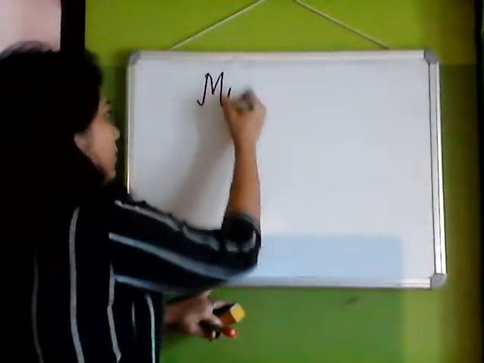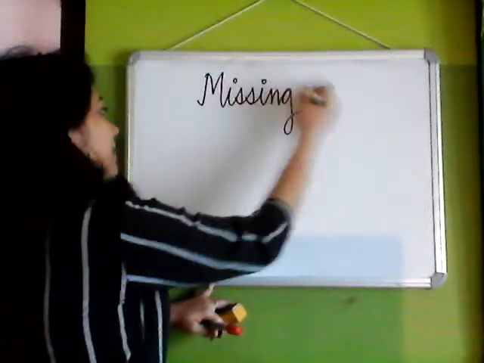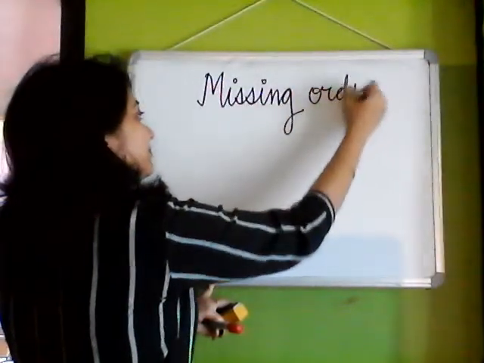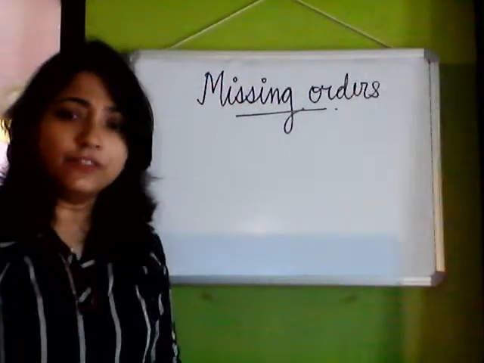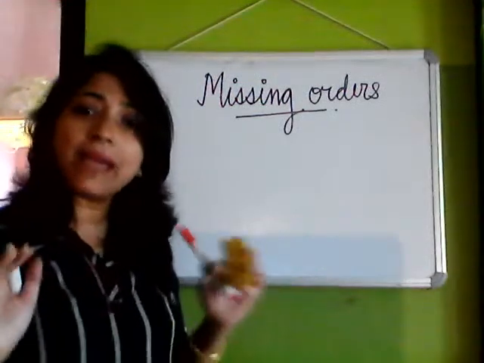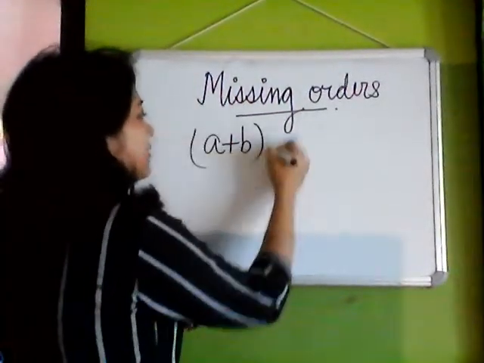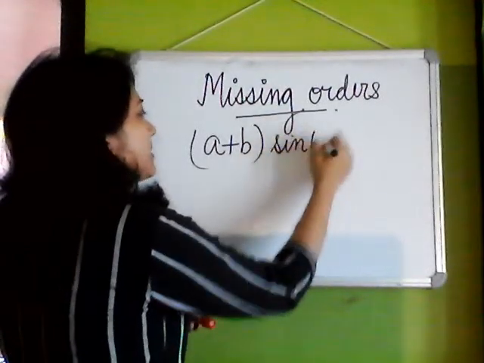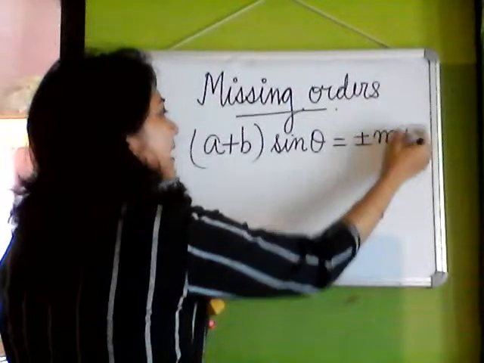All right. And what is that? What do I mean by missing orders? It has been observed that, say, as per interference, where are my maximas to be found? Remember, as per my interference, (a plus b) sine theta, we had written, I guess, with m, equal to plus minus m pi.